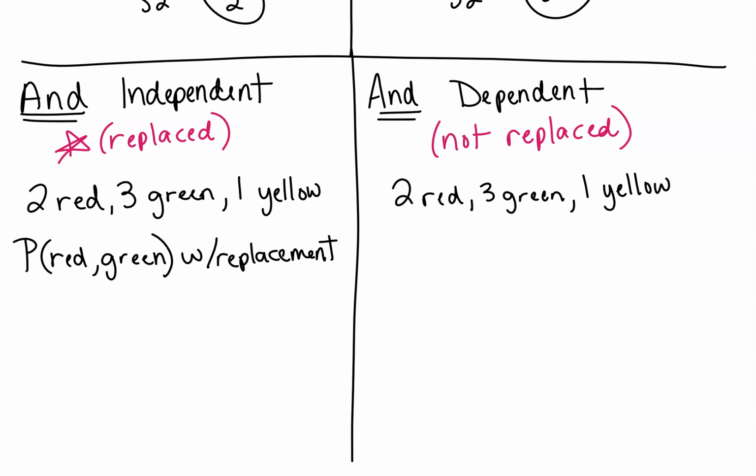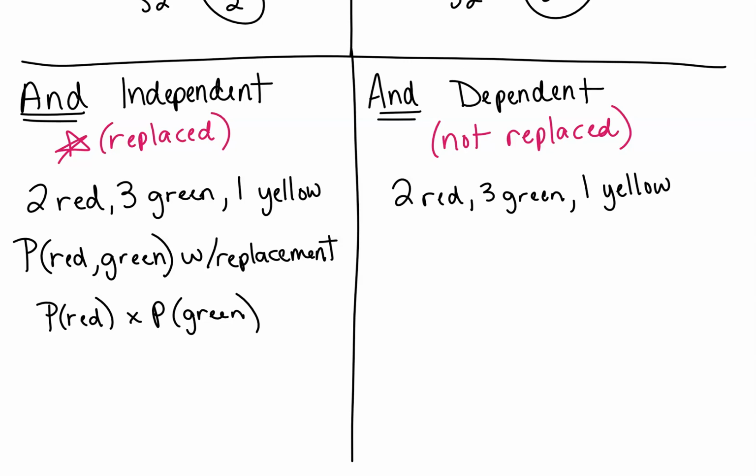The way that we do these is with multiplication. So we're going to do the probability of red times the probability of green. Probability of red, well, how many marbles do we have? 6.